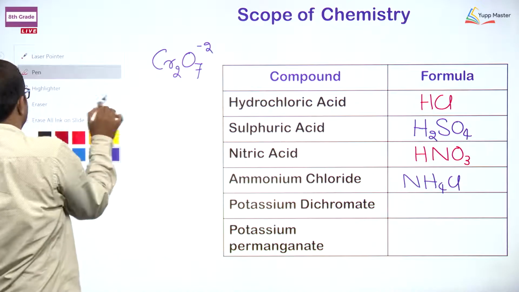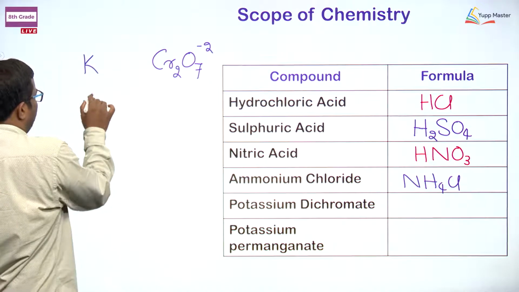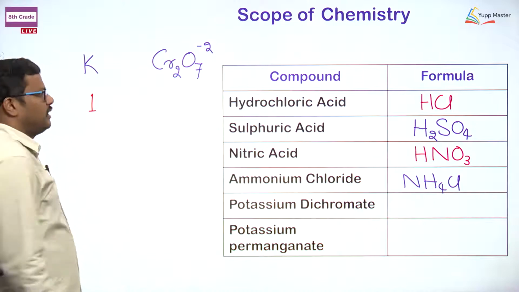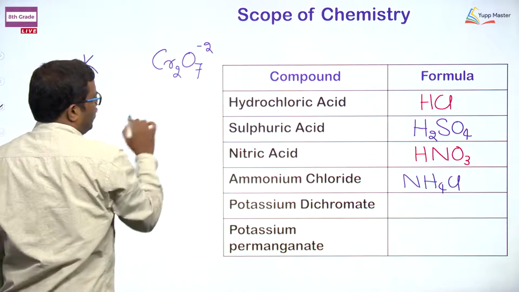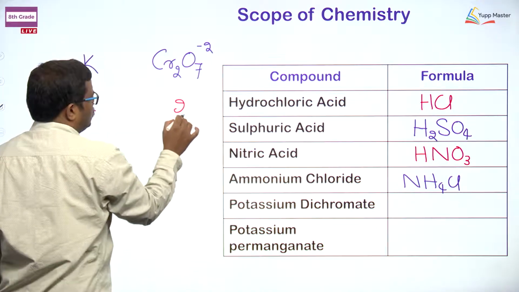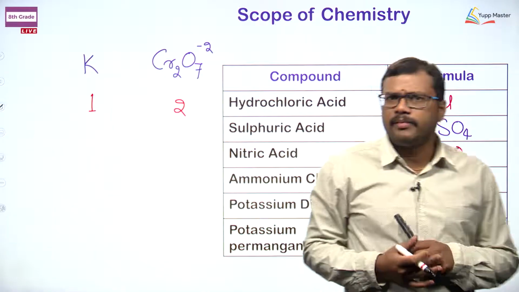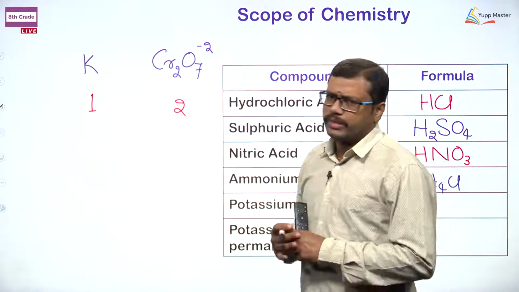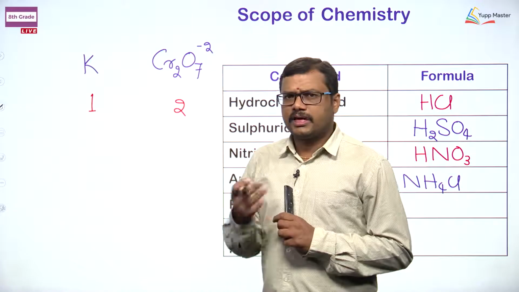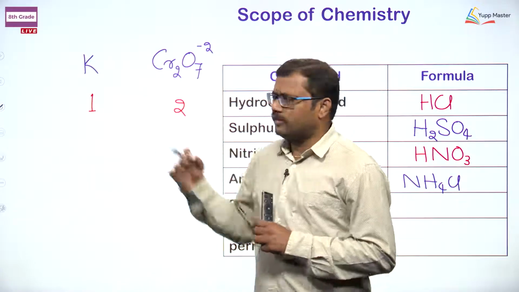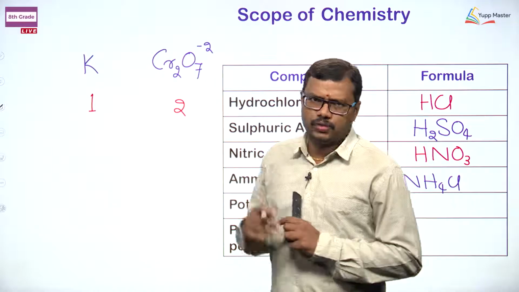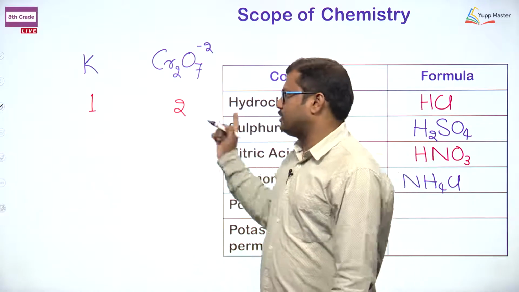When you observe the valency, potassium, an alkali metal, has valency 1, and the dichromate ion has valency 2. To write the formula, first the valencies have to be divided by the highest common factor.